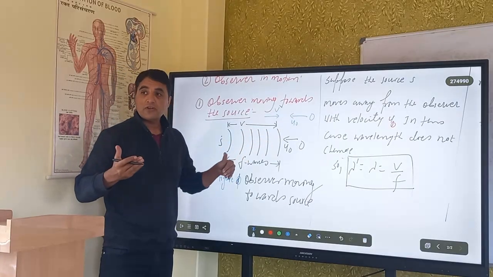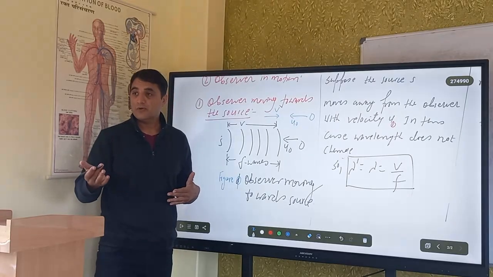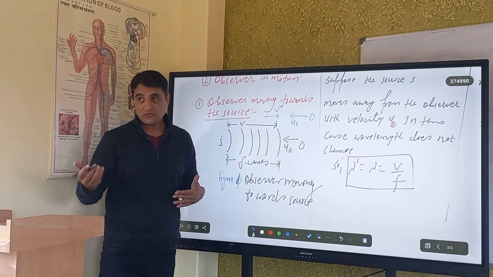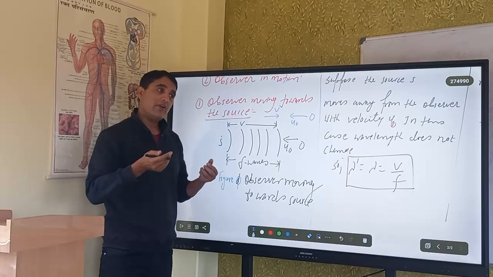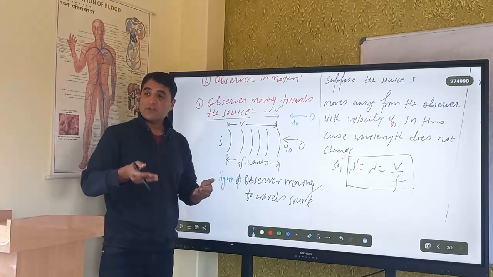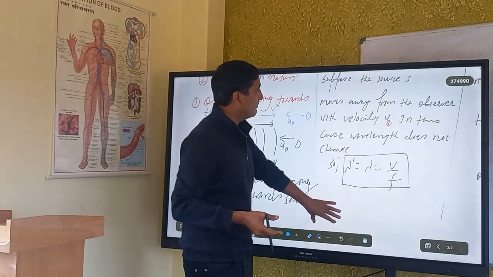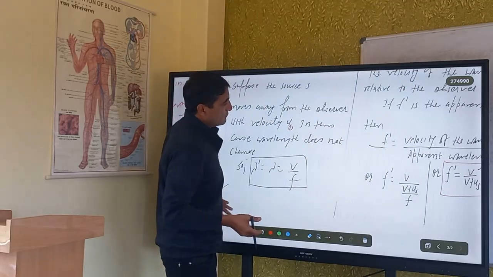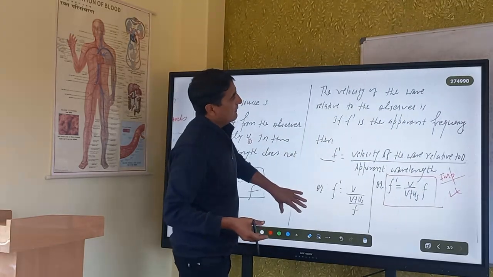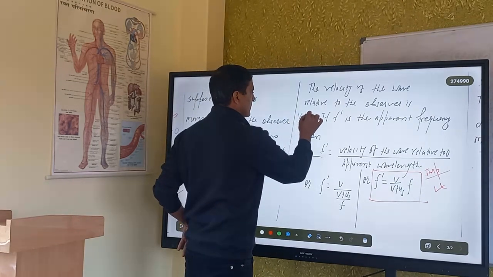In opposite direction, relative velocity is obtained by adding v plus u. Do you remember this? Yes. In the same direction, to find the relative velocity, you have to subtract. In opposite direction, you have to add. So, velocity of the wave relative to the observer is v plus u.